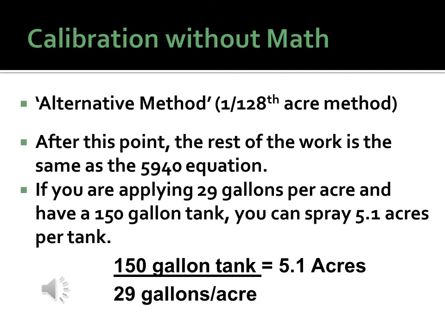If you are applying 29 gallons per acre and have a 150 gallon tank, you can spray 5.1 acres per tank. We have our 150 gallon tank divided by our 29 gallons per acre, which gives us a total of 5.1 acres.